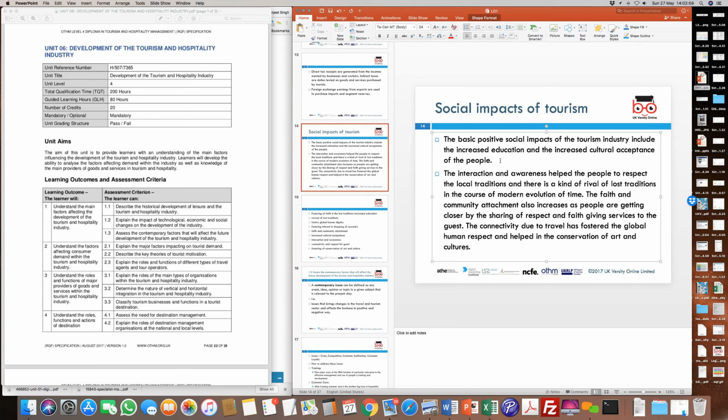And that is where sometimes you will see the awareness leads to the creation of mutual respect for the local traditions in that country. And that is again one of the social impacts. Now, some places that you travel to accept everything, and there are no warnings given.